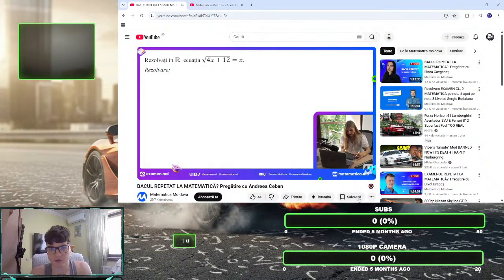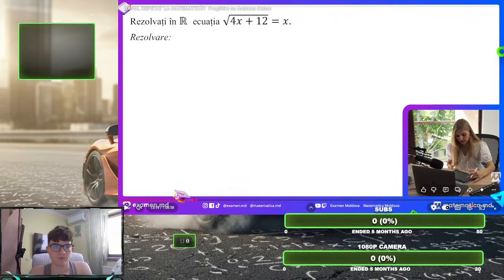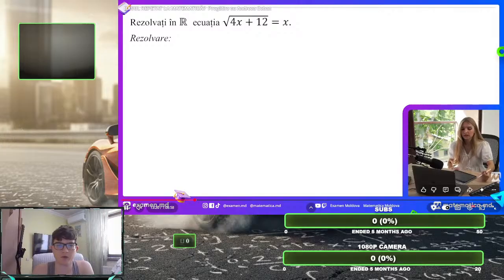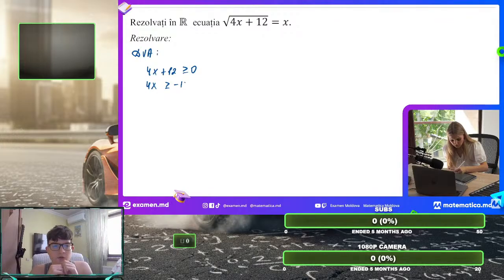So I was here, of course, and like I said, the DVA should be 4x plus 12 bigger or equal to 0, as far as I know. And now 12 minus 12 right there, and it's going to be x bigger or equal to what?